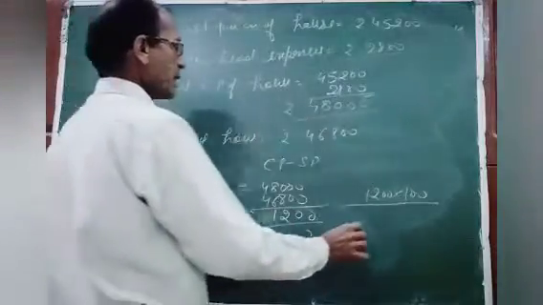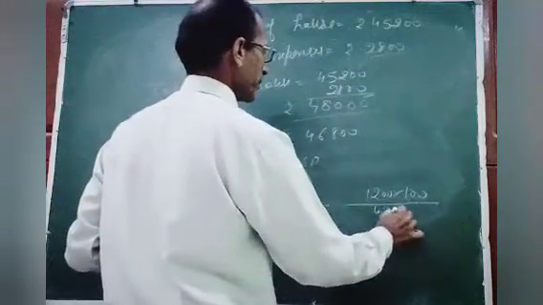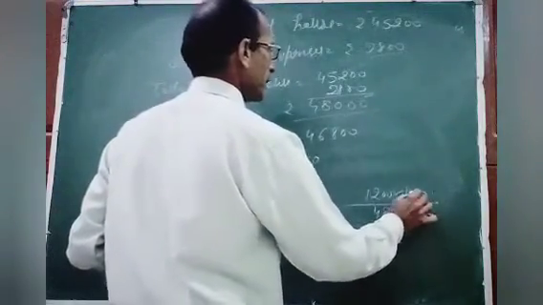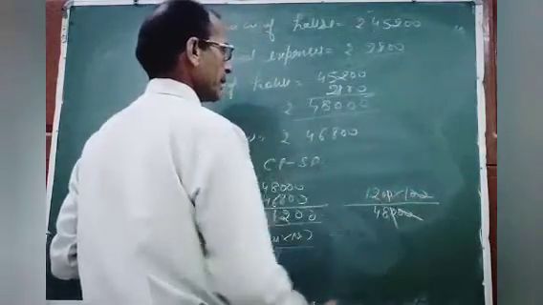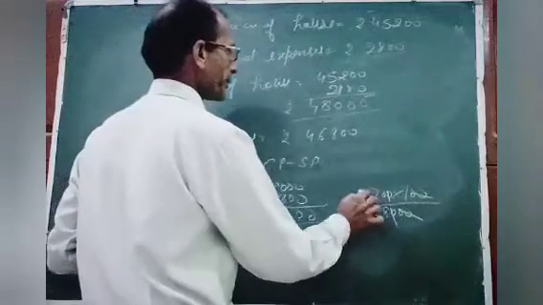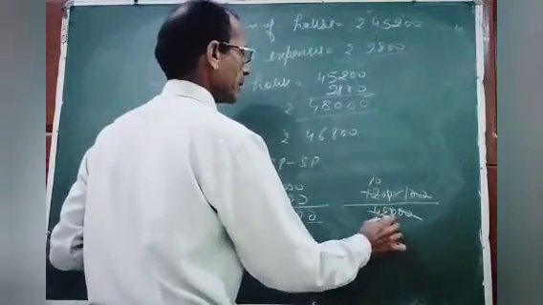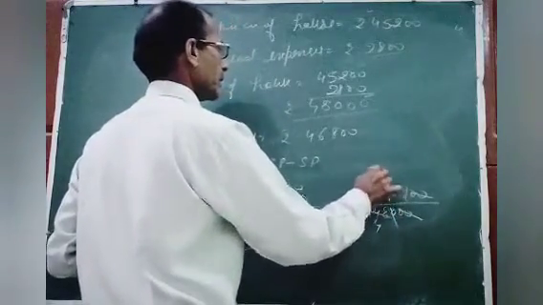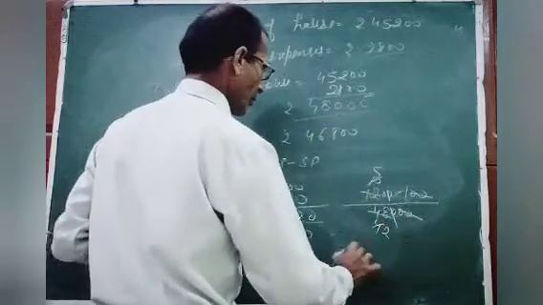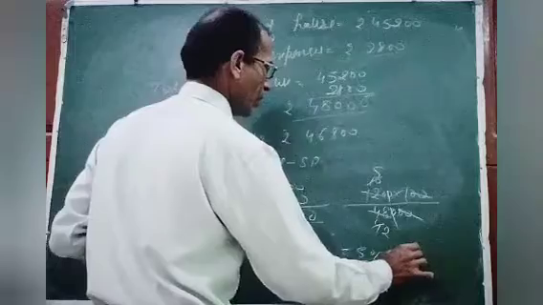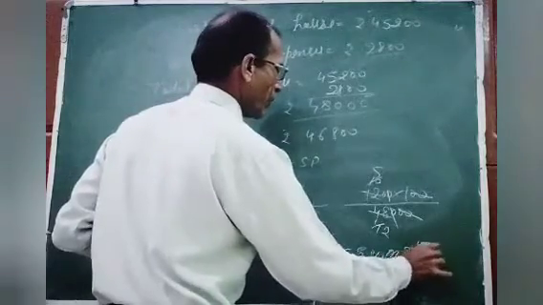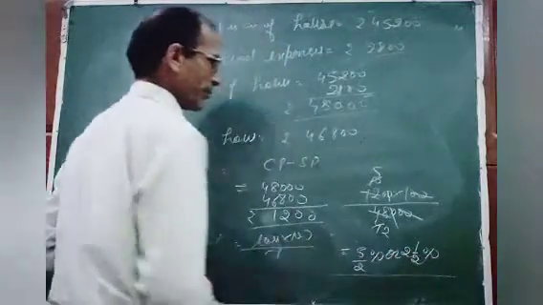Total cost price is 48,000. 20 cancel to 20. Now cut it. So it will be 5 by 2% or 2 into 1 by 2%.